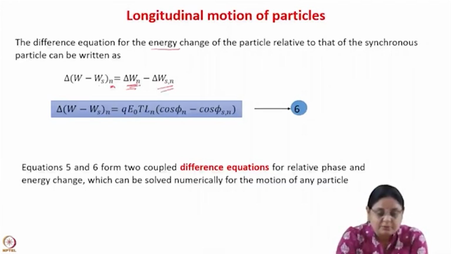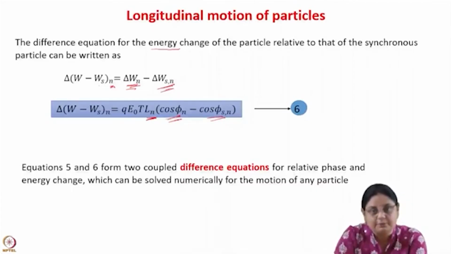Putting in the values of delta Wn and delta Wsn, this is simply QE0T capital Ln, because this is the electric field averaged over the entire cell length starting from the center of one drift tube to the center of the next drift tube, times cos phi n minus cos phi Sn, because the arbitrary particle sees a phase phi n and the synchronous particle sees a phase phi Sn.